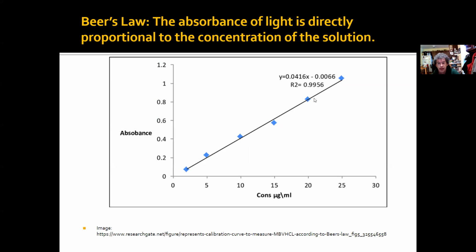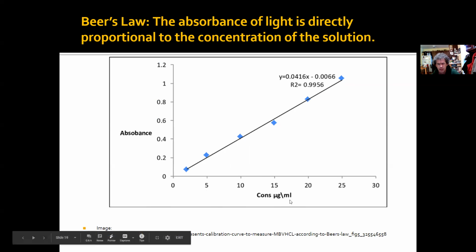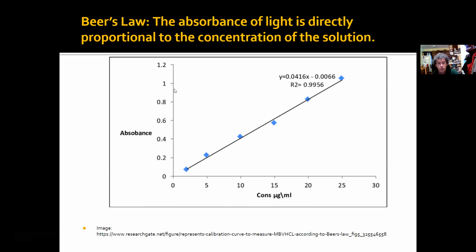And then by plotting them on a graph with concentration on the x-axis, and in this case it was micrograms per milliliter, and then absorbance on the y-axis, we can make this curve. And what that allows us to do is then use the curve either just visually, or you can write down an equation for the line.